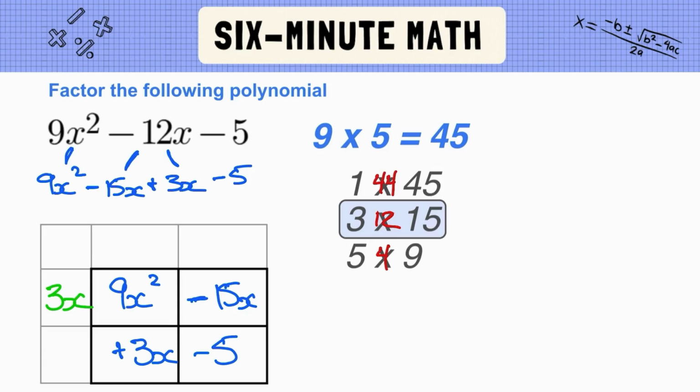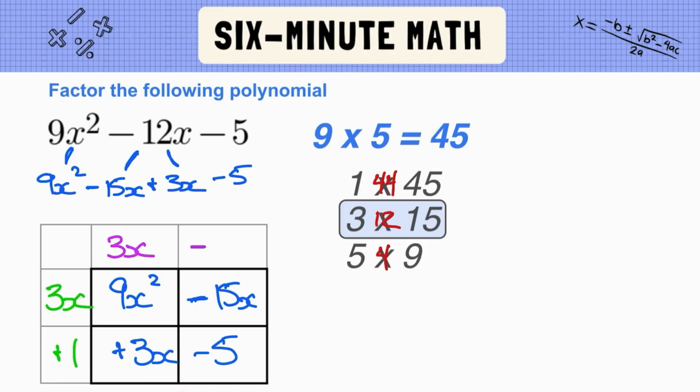Positive 3x minus 5 doesn't have a greatest common factor, so I'm going to take out a positive 1. Onto the columns, 9x squared plus 3x. Well, I can take out a positive 3x. And negative 15x minus 5.